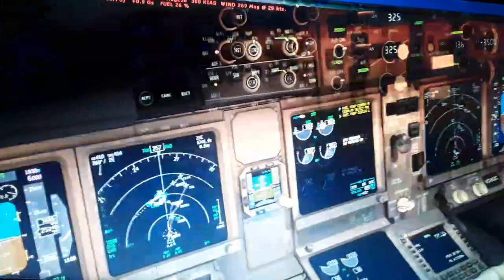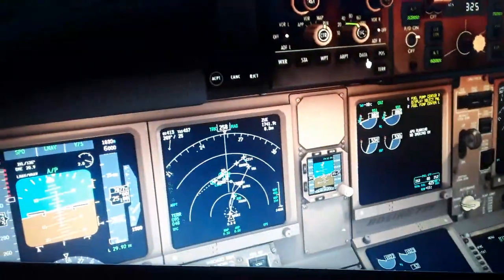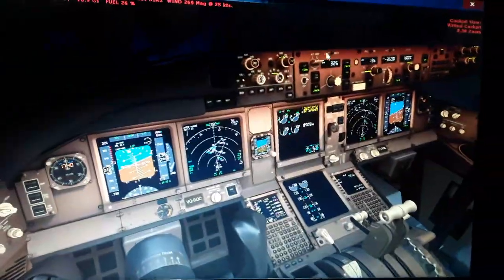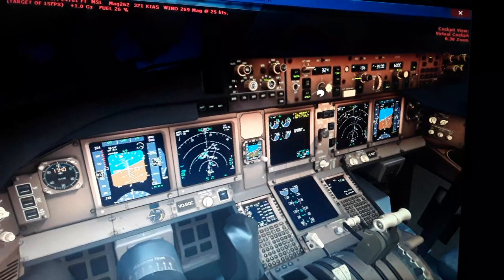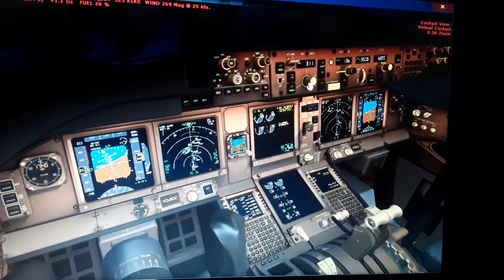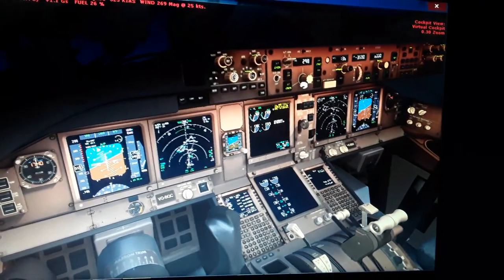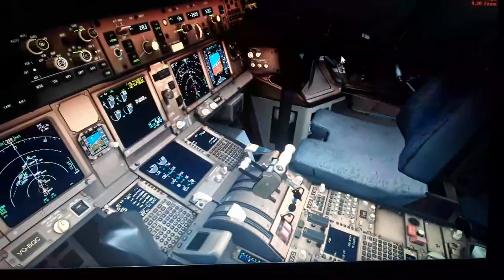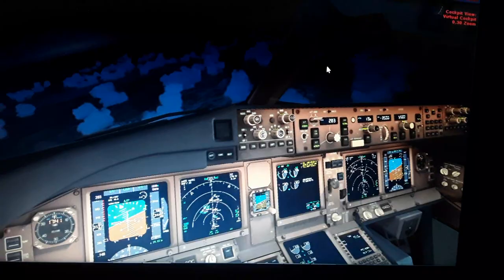So we're gonna have also the airspeed 345. So we decrease also the airspeed a little bit. So we have the automatic control now for the descent.